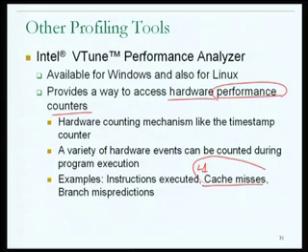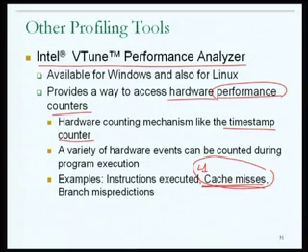But you can well imagine that if you are able to get information about something like this, the number of L1 cache misses that occurred when your program was executing, then this would be of great value to us in understanding the cache behavior of our program even better, which is why a mechanism like Intel vTune's performance analyzer, which provides access to information not only about cycle counts, but also to other kinds of events such as cache misses, would have additional value to a programmer in understanding what are the important parts of the program and in analyzing what kinds of activities should be attempted to improve the nature of what's happening in that part of the program.